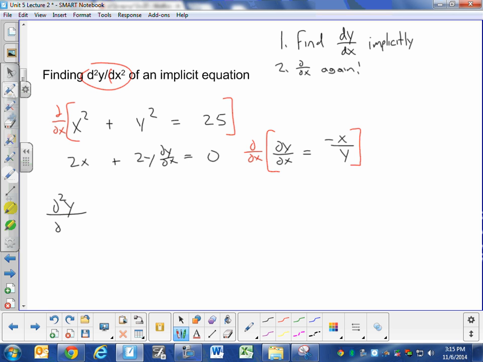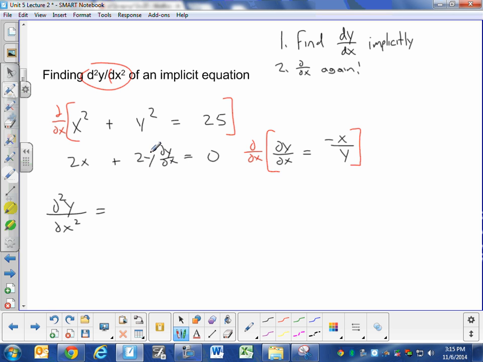I don't have to do anything fancy to solve for it. At least I think right now. I just need to take the derivative of negative x over y. So I use the quotient rule. So do that.